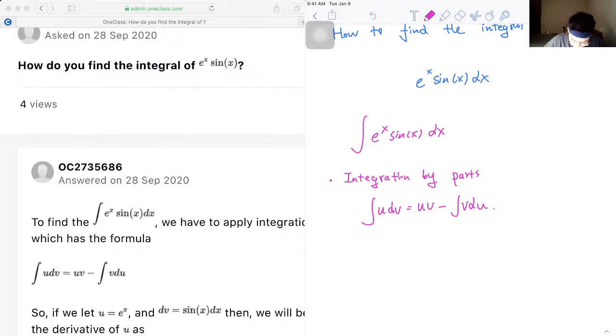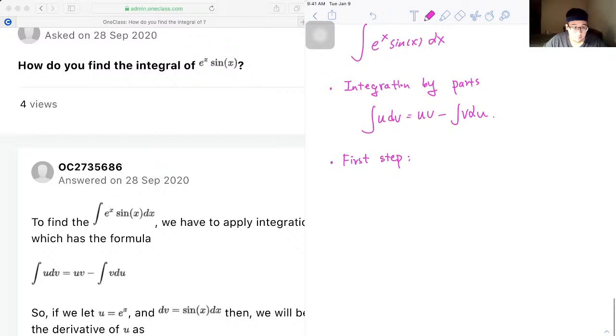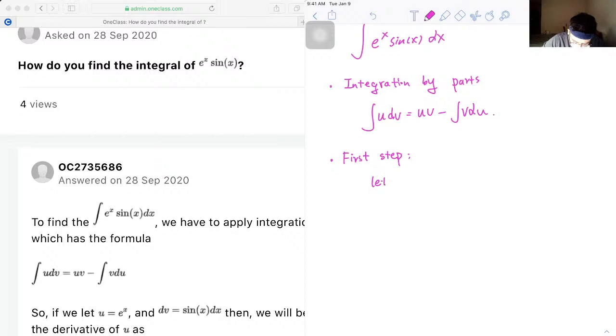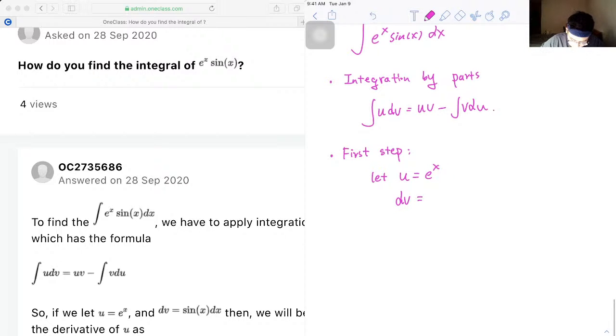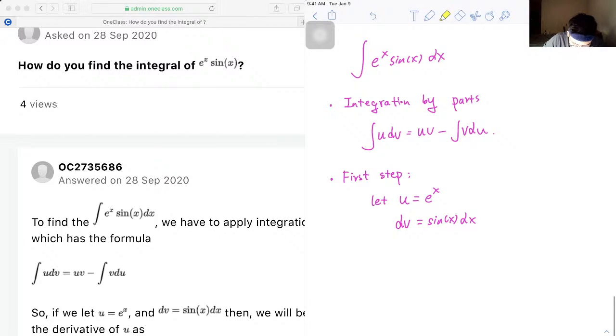Okay, so now let's solve the question. The first step, we need to let u be equal to e to the exponent of x, and dv will be equal to sine x dx. Therefore we can convert the original question to the form of integral u dv.